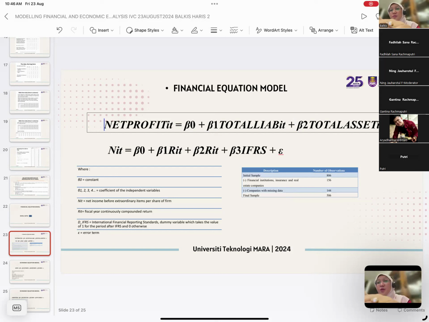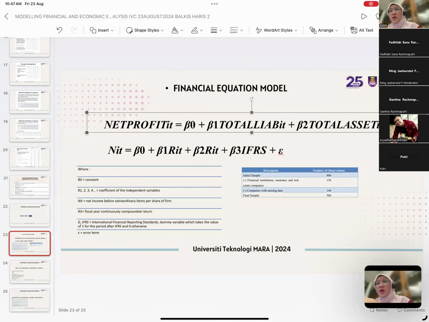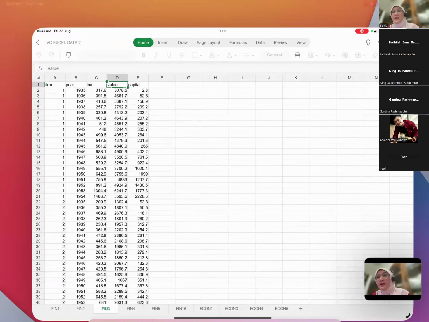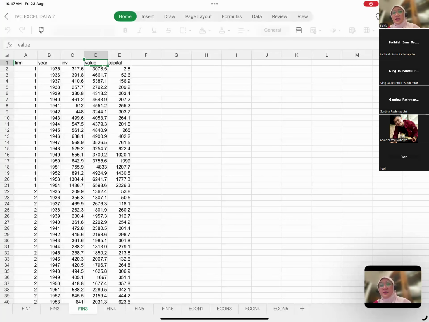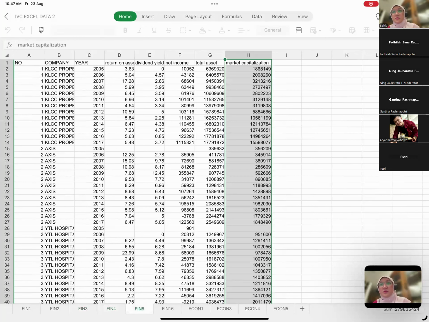So based on this model, how are we going to collect data and analyze it as panel data? All right.